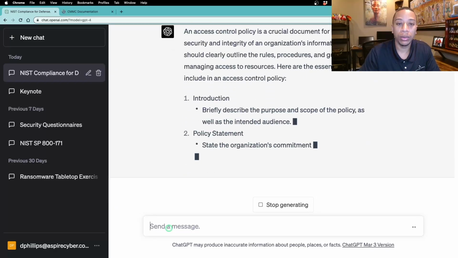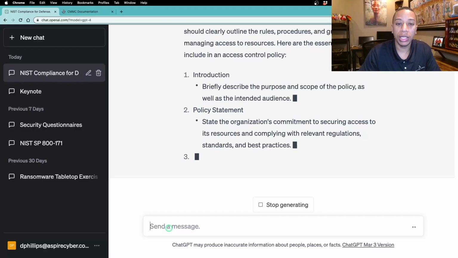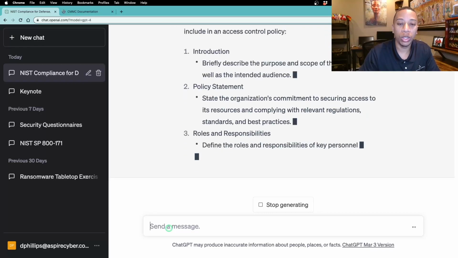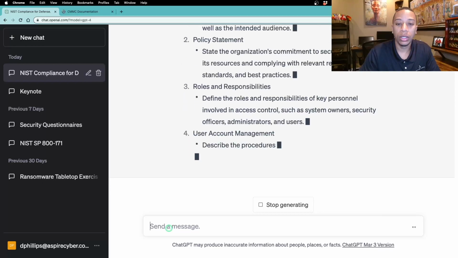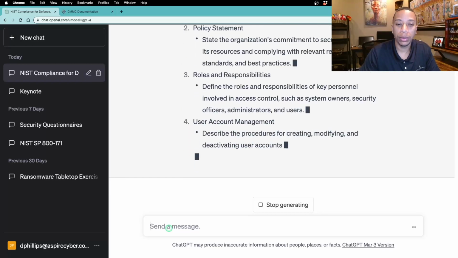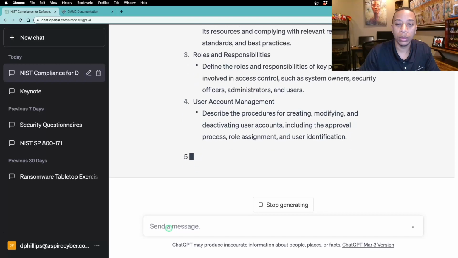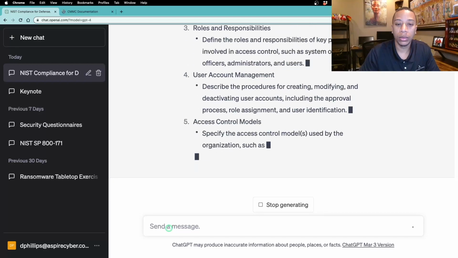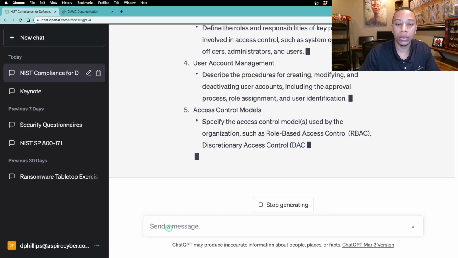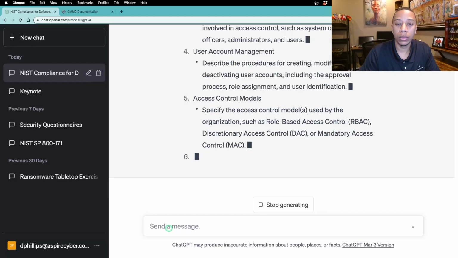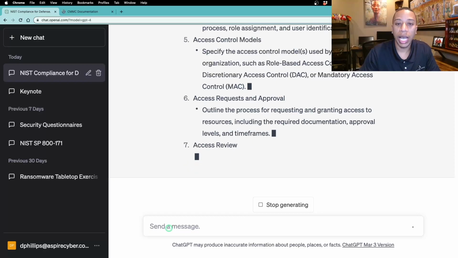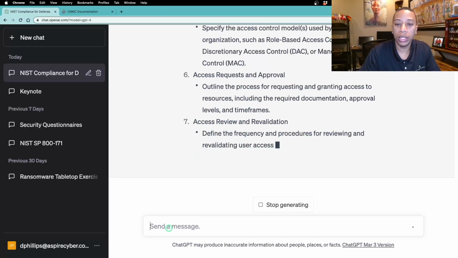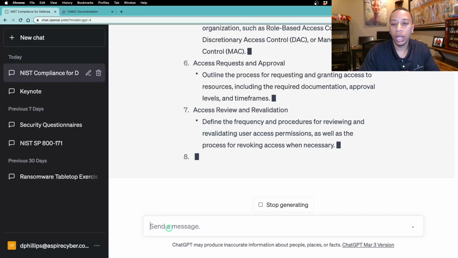We should have an introduction, policy statement, roles and responsibilities, user account management, access request and approval, access review and revalidation.